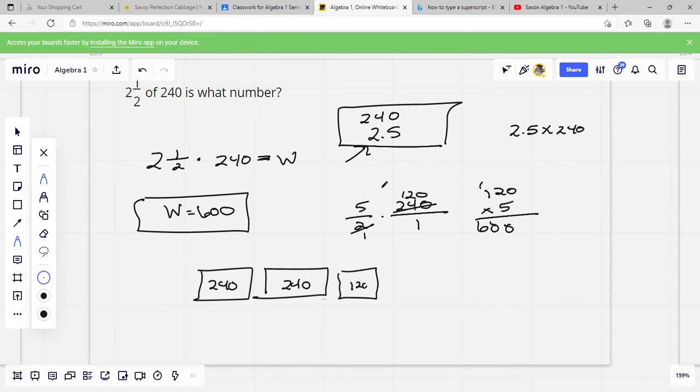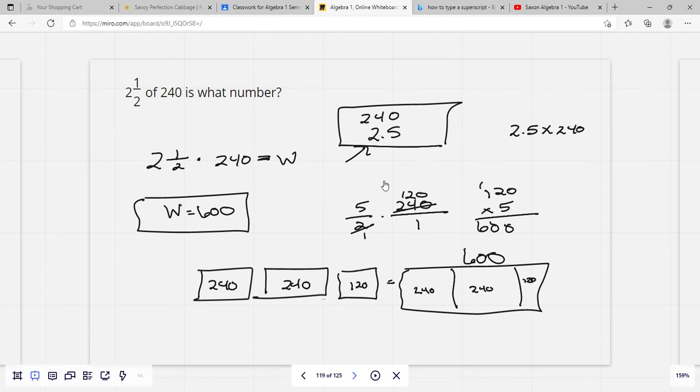And we add all those together, we would get, let's see, 600. Alright, those are pretty easy, not too hard. Just kind of know how to set it up.